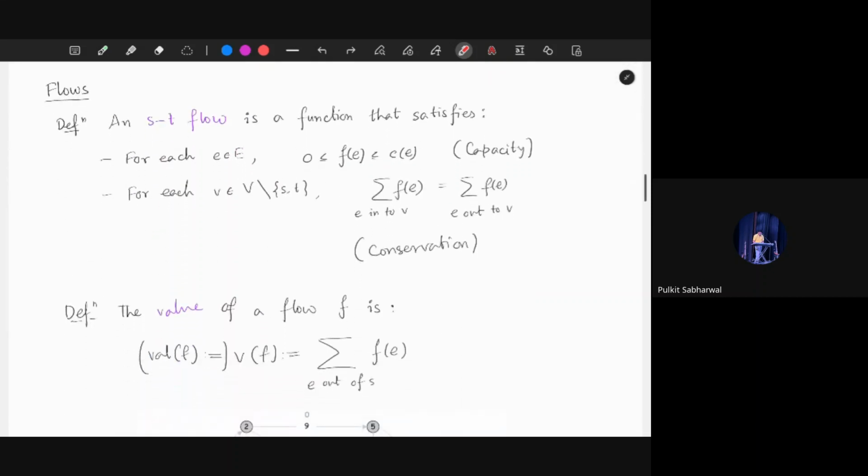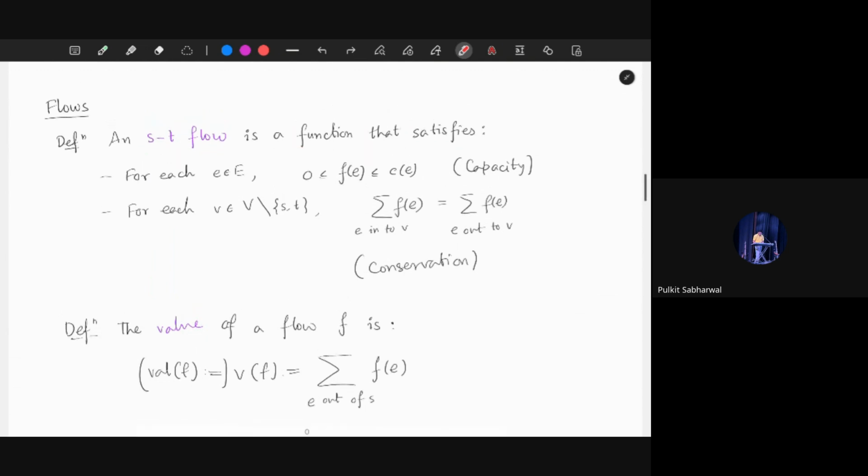Another thing is flow. We call an s-t flow a function on the edges such that it is between 0 and the capacity, and the upper bound should be the capacity. And for each vertex, excluding S and T, the source and sink, Kirchhoff's law should be satisfied.